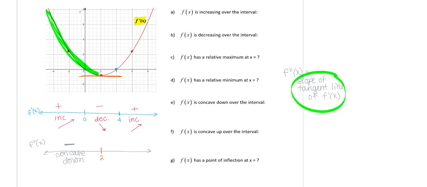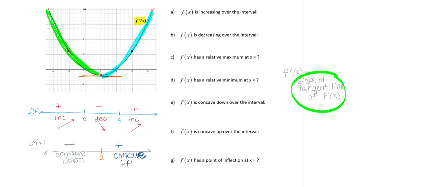And then after x equals 2, if I'm describing all of the slopes of the tangent lines of that curve, they're definitely all positive, because it's increasing. And so that means that my second derivative conclusion would be concave up.